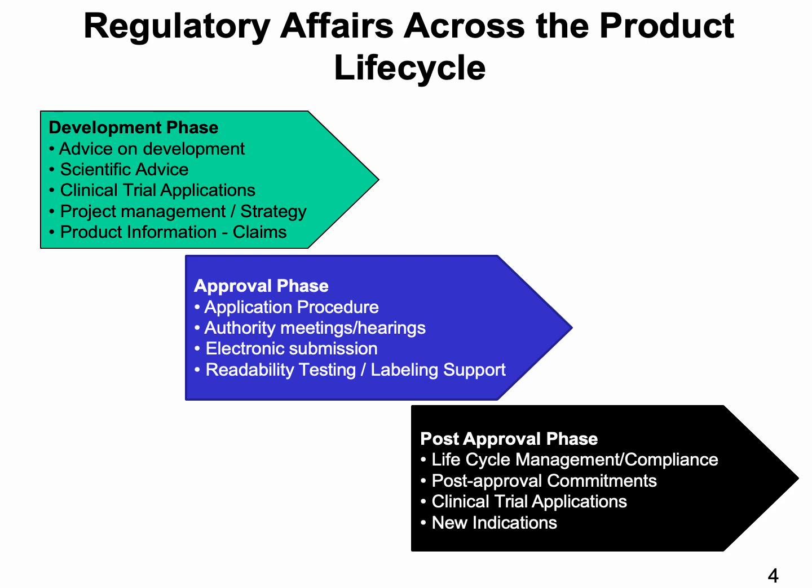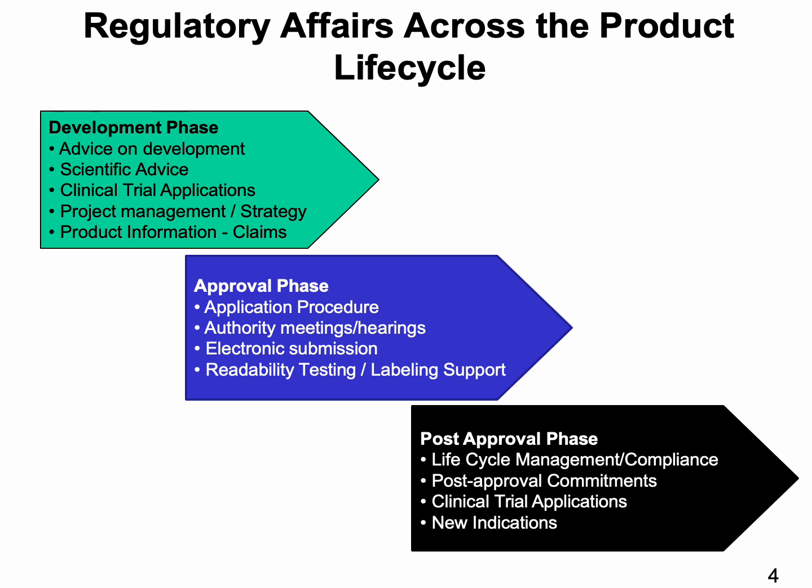We have then the approval phase, where we need to prepare the application for the registration of the product. This is where eCTD comes into place. And then we have to meet with authorities. In different countries, we'll need to submit our eCTD, but before that, we can have different types of meetings.